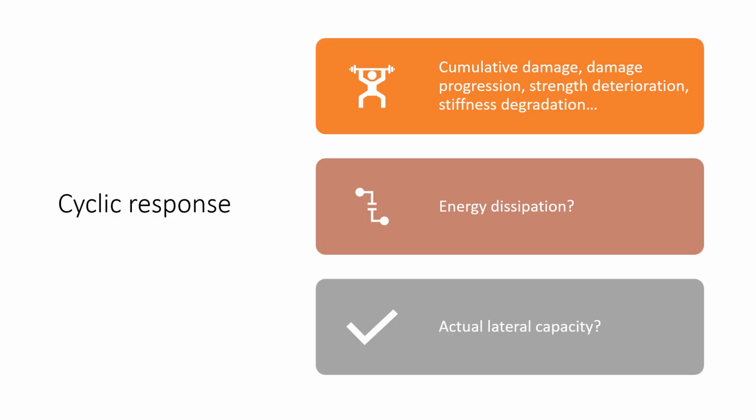Because the question could be, which is the actual lateral capacity? Because the cyclic response, depending on the loading history included in the seismic records, can be reduced, can be different in case of repeated cycles at different amplitudes.